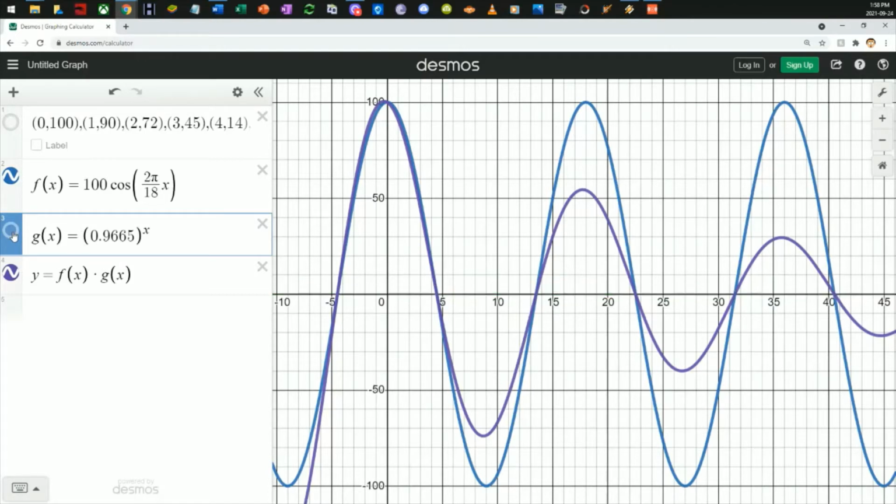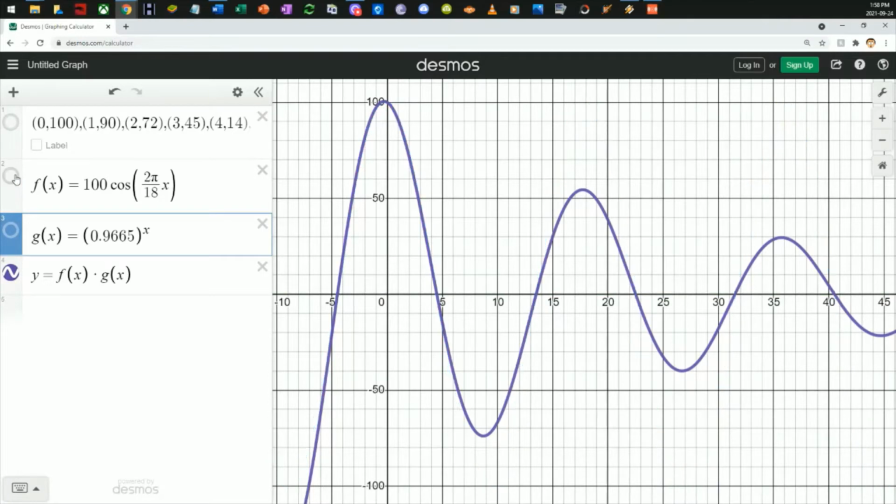So let me turn these two off for a second, the individual pieces. That's the purple graph, and then I'm going to throw the points back on and see what happens. And yeah, they're looking pretty good. Okay, so I think we just came up with a pretty decent model for this set of data.